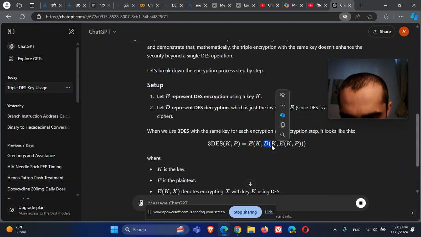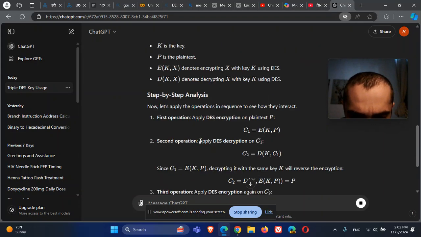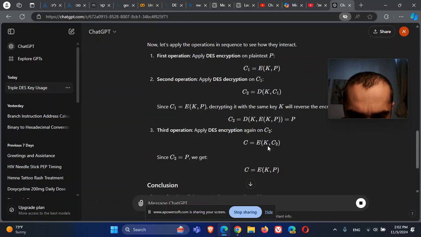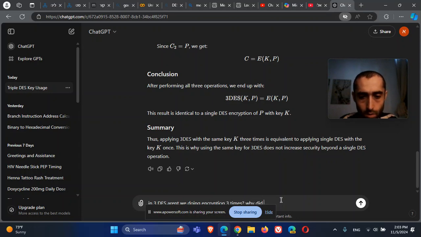Why decryption? When we use the 3DES with the same key for each encryption and decryption step, it looks like this. In 3DES aren't we doing encryption 3 times? Why did you do decryption?